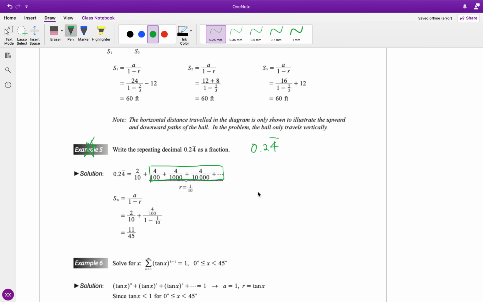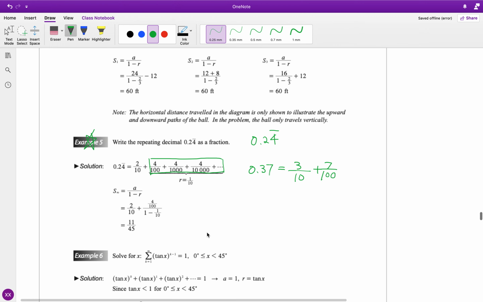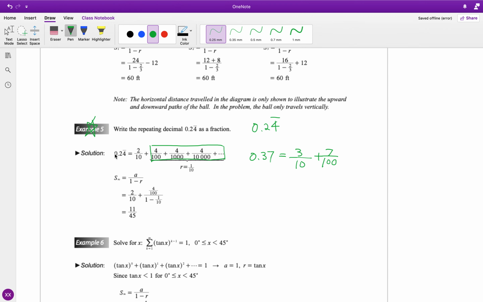For example, 0.37 equals 3 divided by 10 plus 7 divided by 100. That's exactly this.